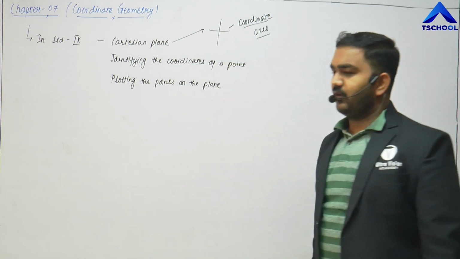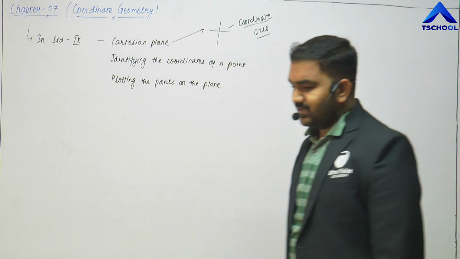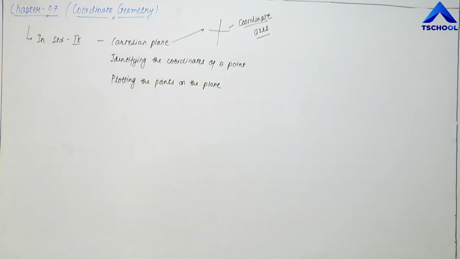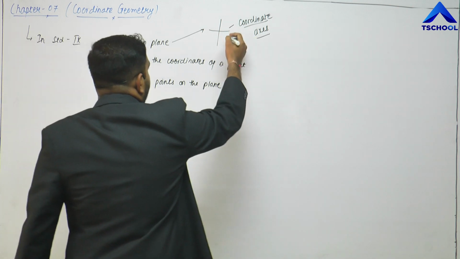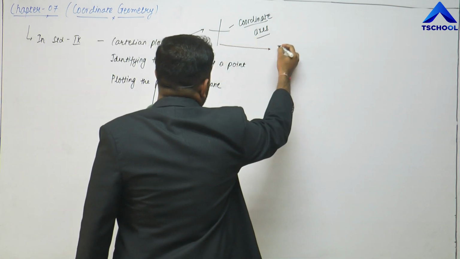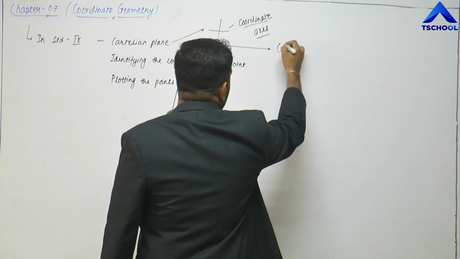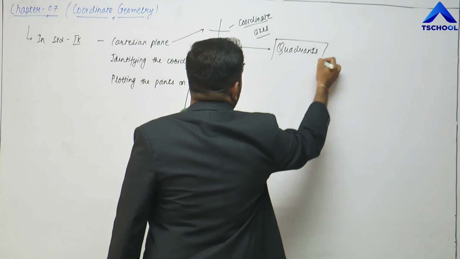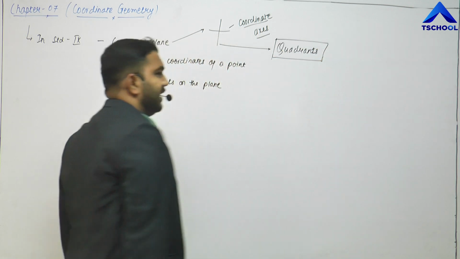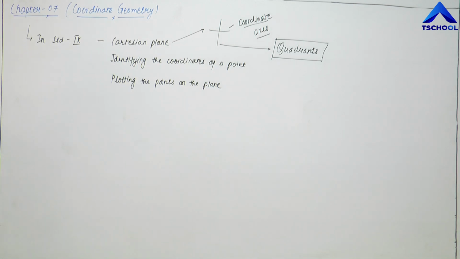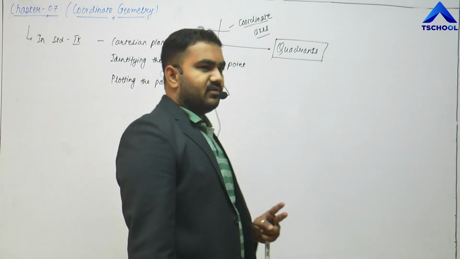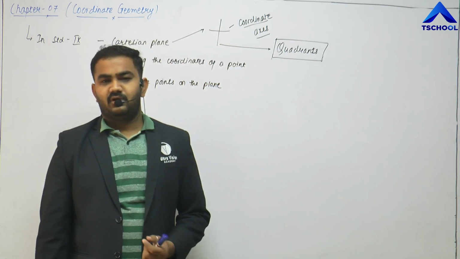And this coordinate axis was forming some parts of the Cartesian plane known as the quadrants, right? So we know that the coordinate axis divides the whole Cartesian plane into four parts or four quadrants, namely first quadrant, second quadrant, third quadrant, and the fourth quadrant, right?